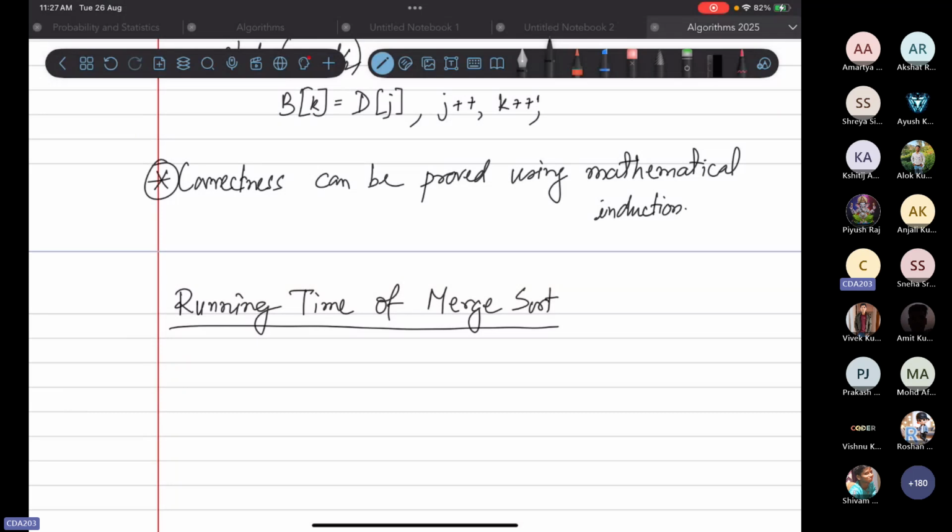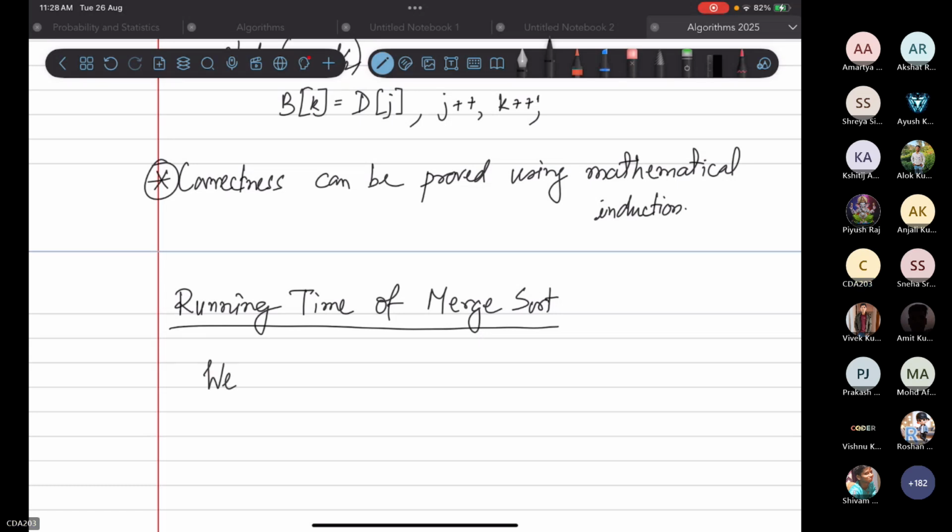Since in this pseudocode you can see I'm not writing any for loop, rather than following steps like that, since this process is recursive, I will express the running time of this process by a recursive formula.